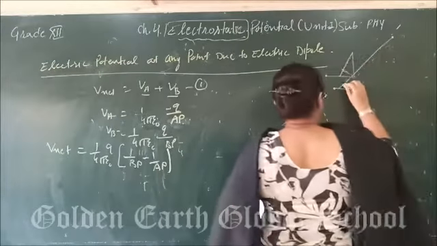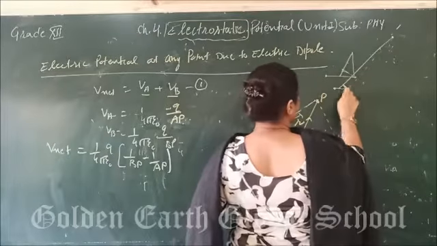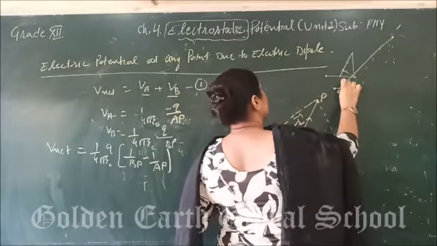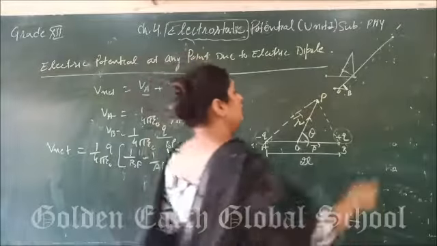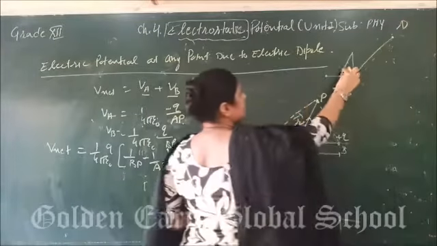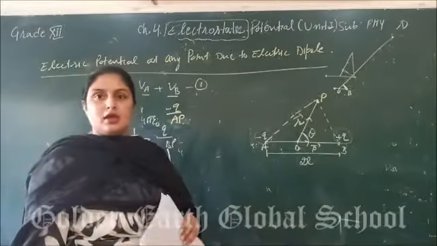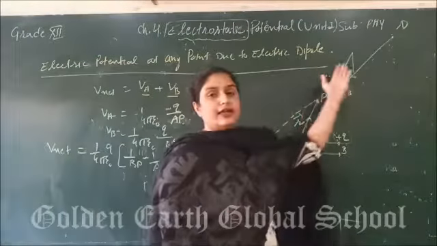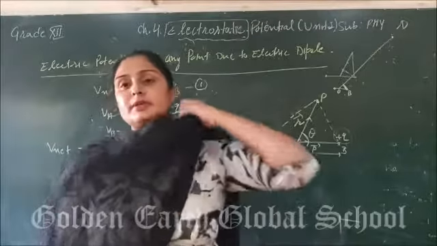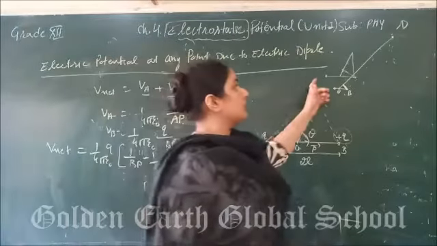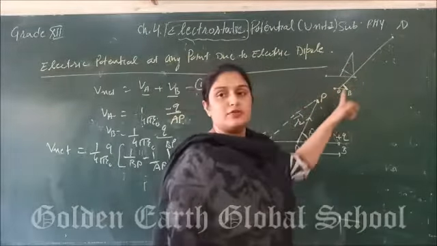Now if we are going to draw perpendicular, this point is B and this is point A. We are going to draw perpendicular on the line OP. You can see that this margin is going to be decreased. Now we are going to consider the length of the dipole is negligibly small as compared to the distance of observation.